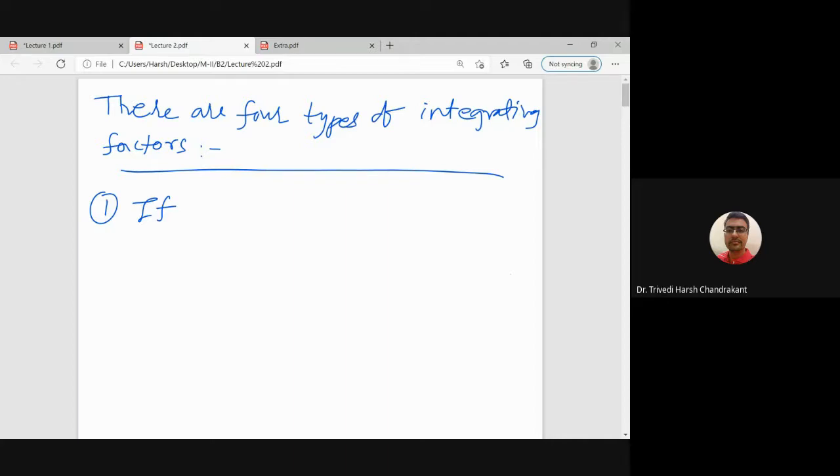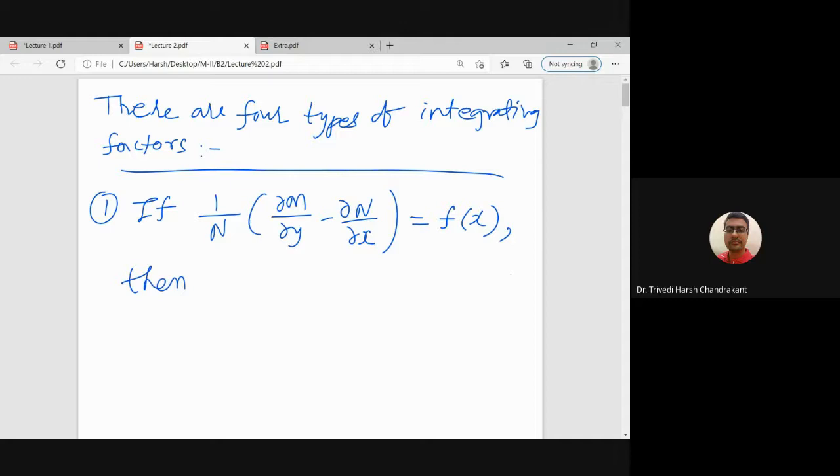For that differential equation, if we find this quotient, 1 upon N times (del M by del y minus del N by del x), and this quantity is a function of x, let us say this function is f(x), then the integrating factor in this case is e to the power integral of f(x) dx.